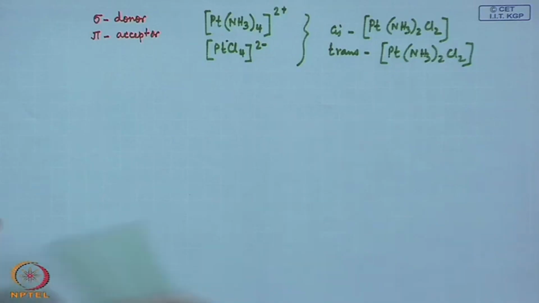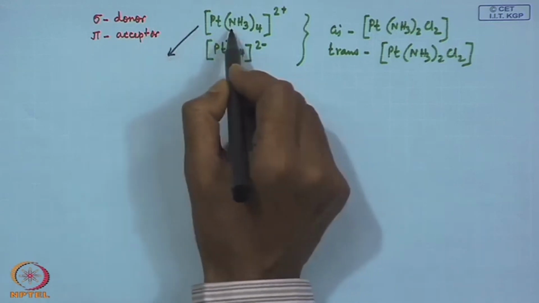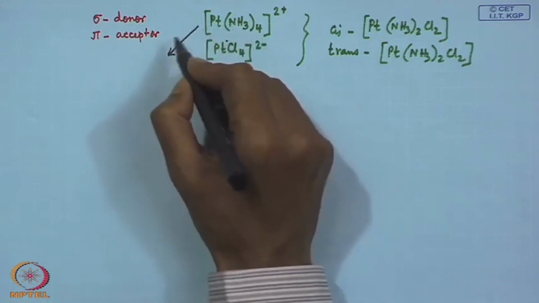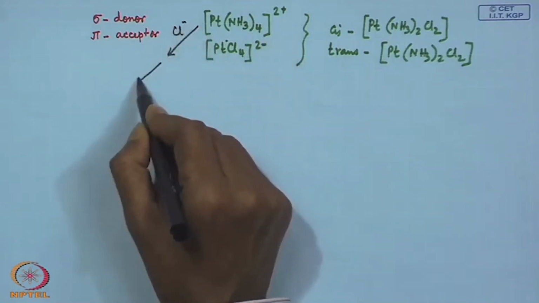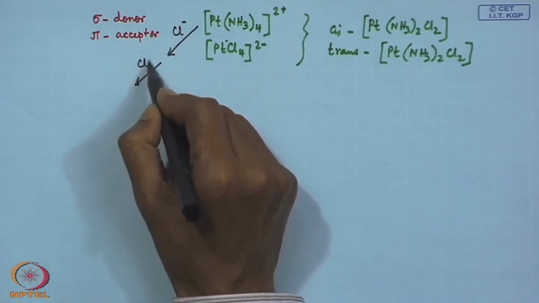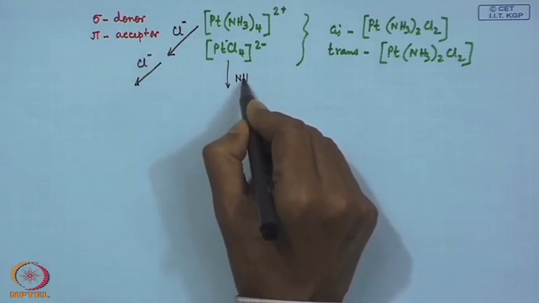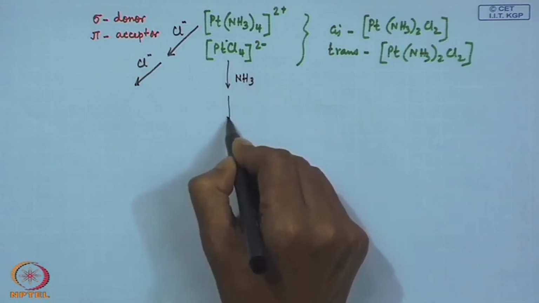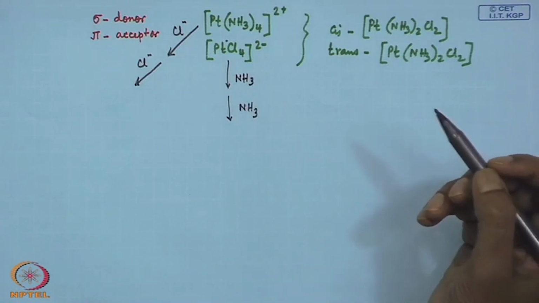So, when they are reacting, the sequence of these two reactions is there. When we have the NH3 groups, the first one will be substituted by Cl, then again we will have the substitution by Cl⁻, but in the other case we have the substitution first by NH3 and then again by NH3.